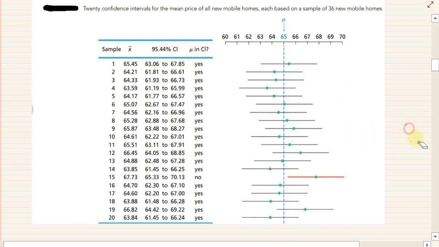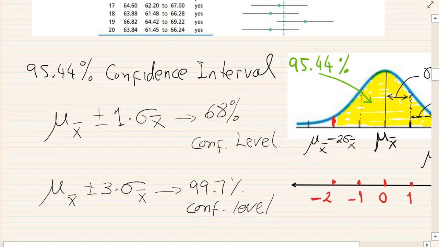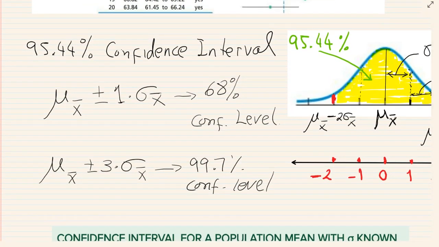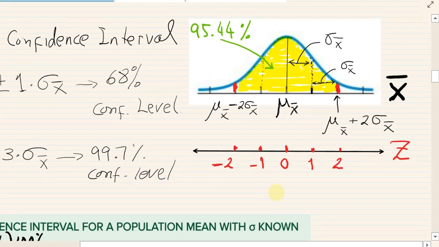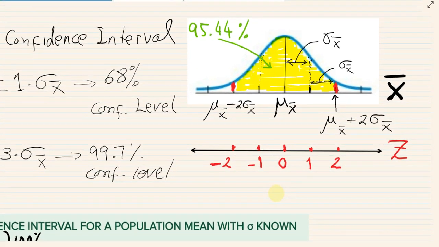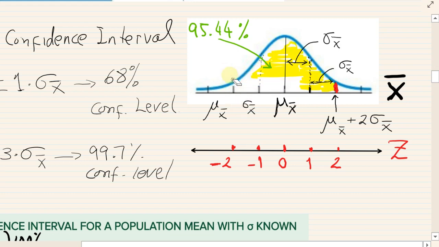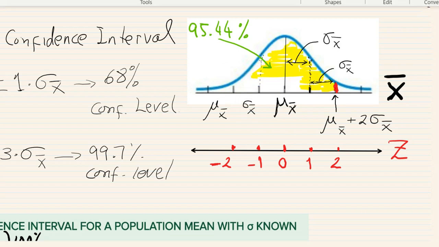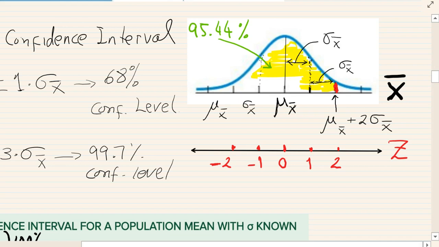Now, let's continue on. So with a 95.44, here what I've done is I've drawn the general description of what's going on here. So 95.44 is 2 standard deviations. So the interval actually runs from, let me draw it here, it runs from here to here, right?